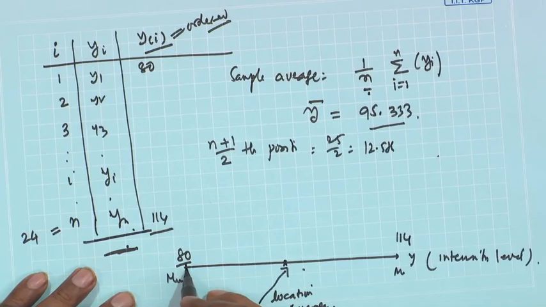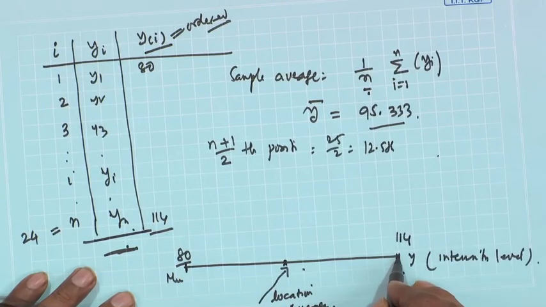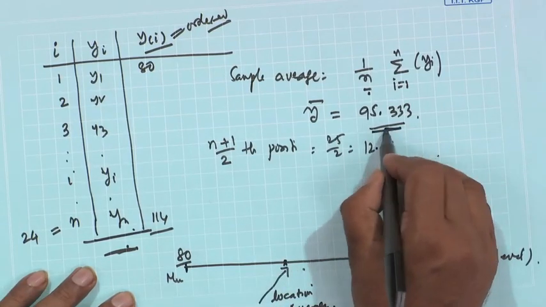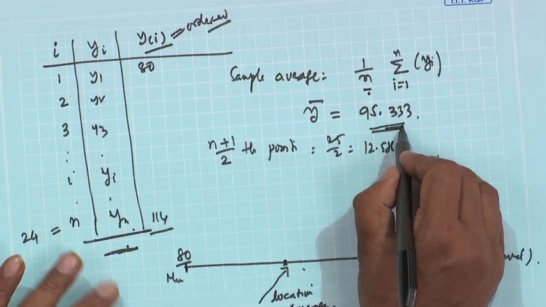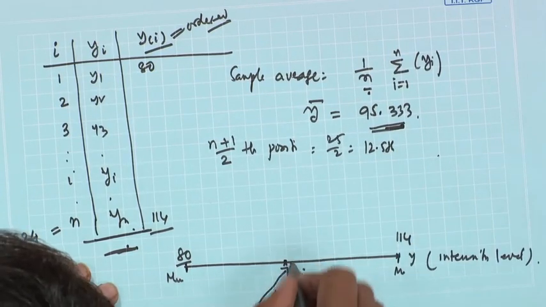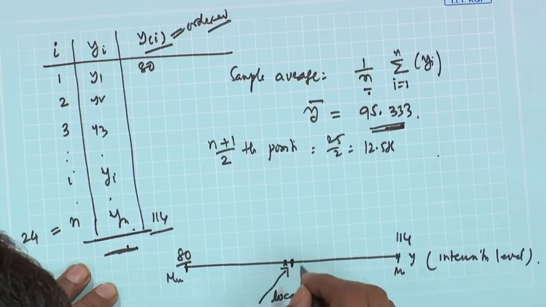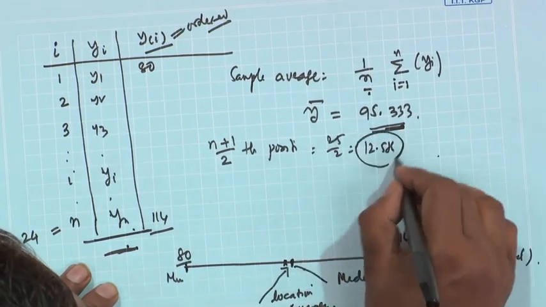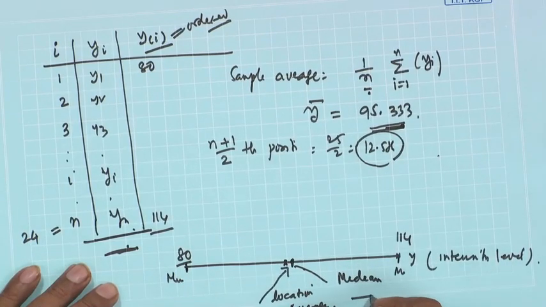If I say this is my first position and this is my 24th position, somewhere here will be the position of the median, because this is the 12.5 position.